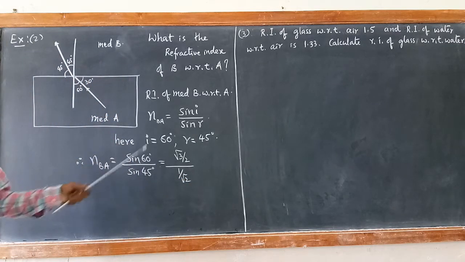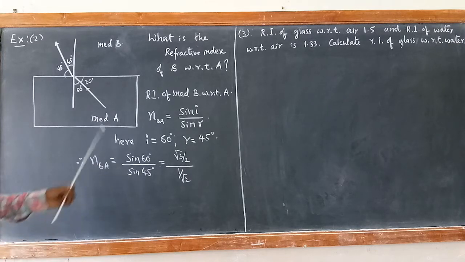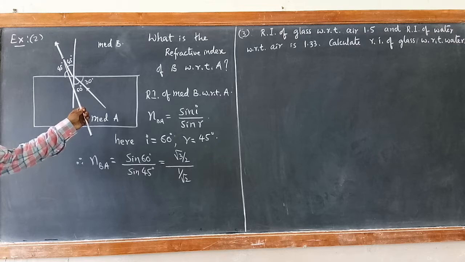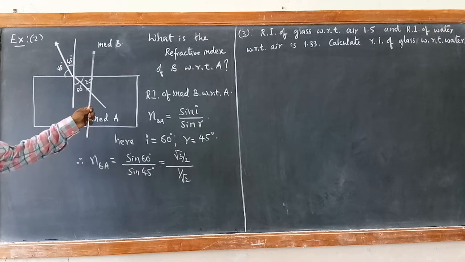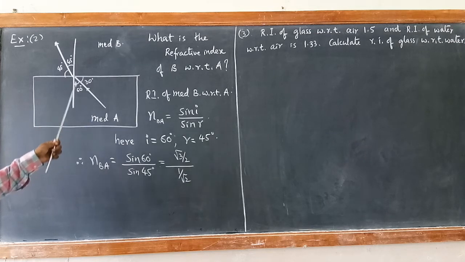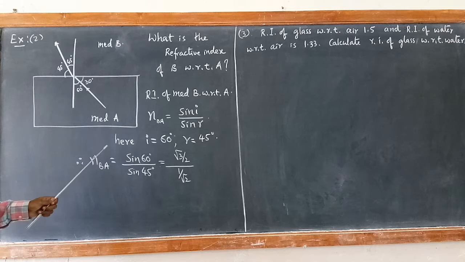Sine 60 is root 3 by 2 and sine 45 is 1 by root 2. Sine of angle of incidence by sine of angle of refraction. Medium B into sine R is equal to medium A into sine I. That's it.